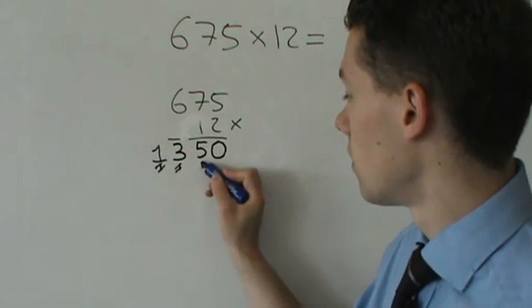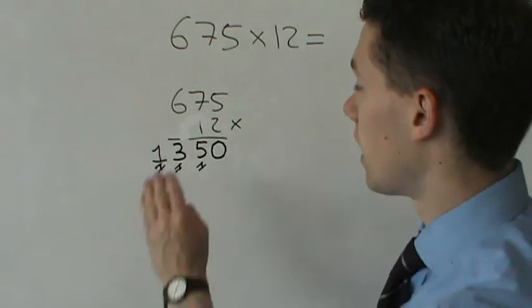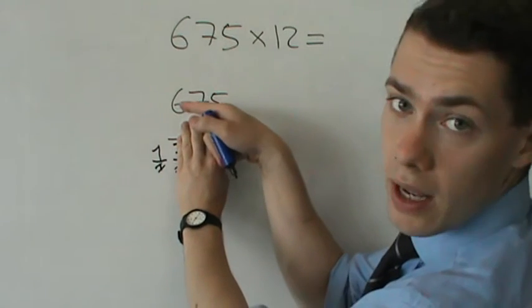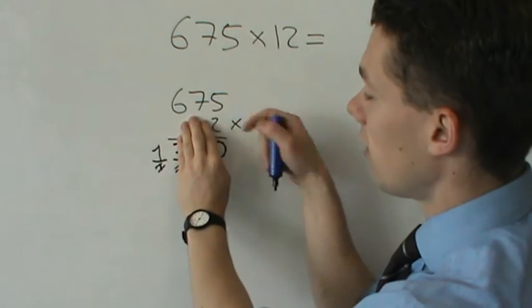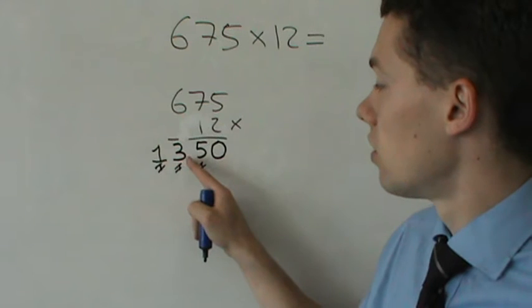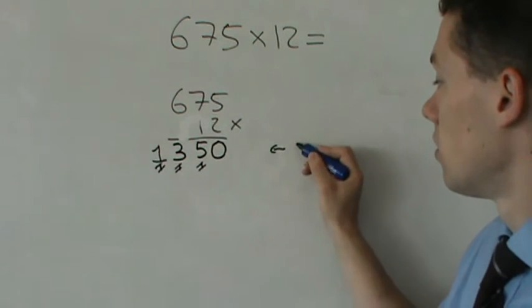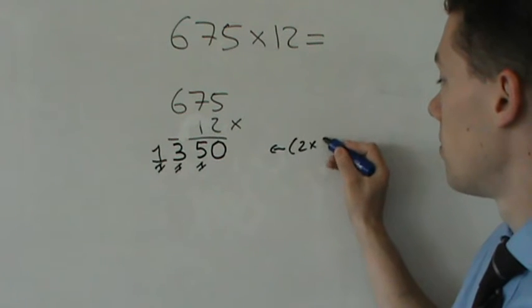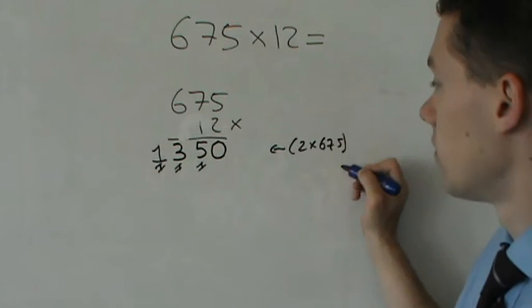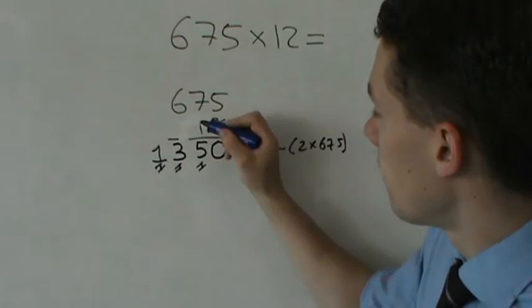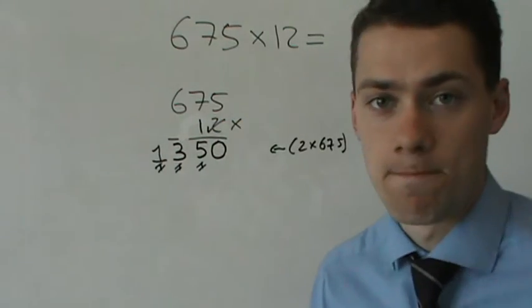So we've just worked out that 2 multiplied by 675 equals 1,350. So I can write that here. So that's 2 multiplied by 675. So that's the first one done. I've now got this 1.